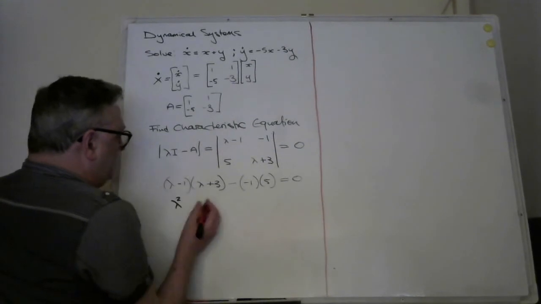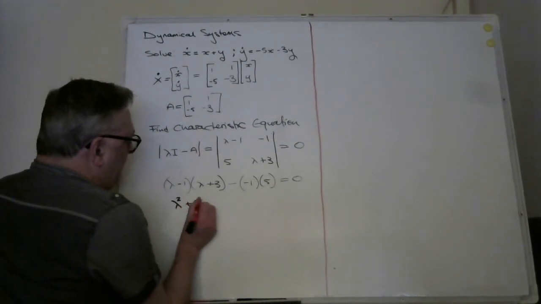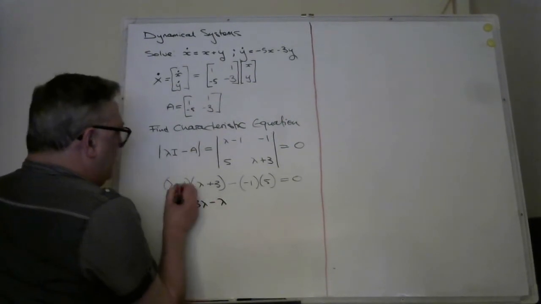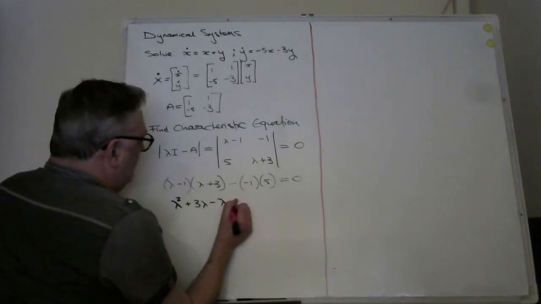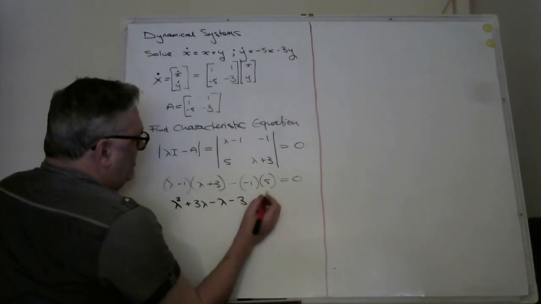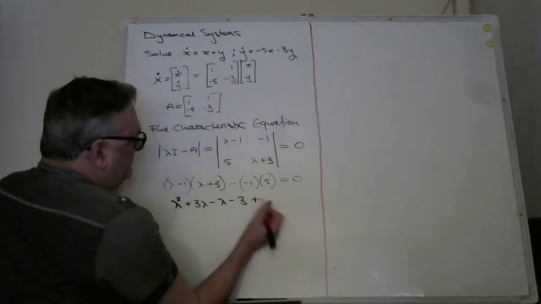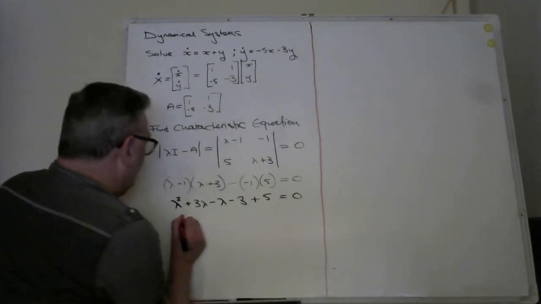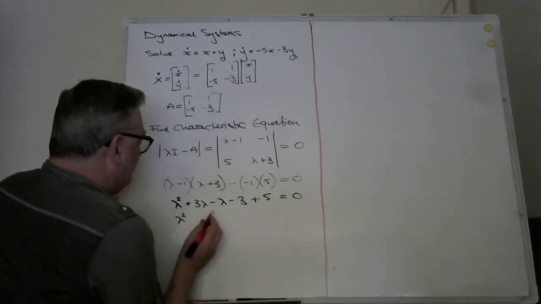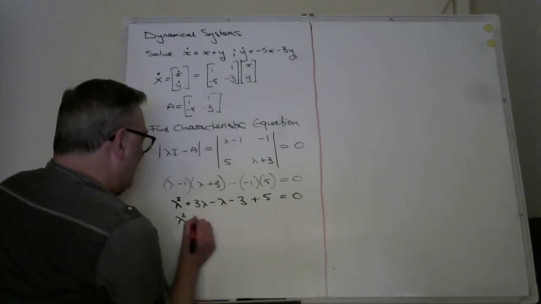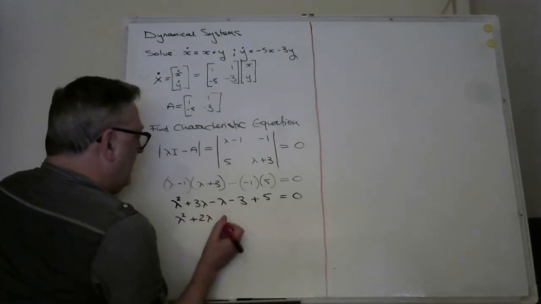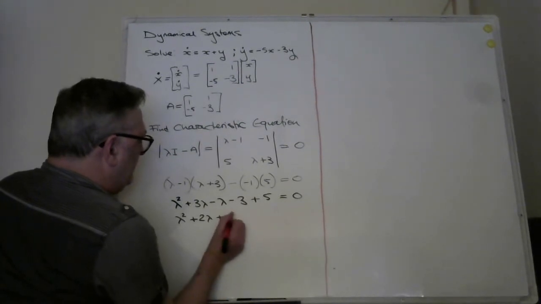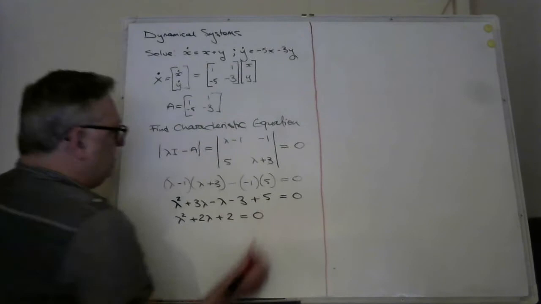A lambda times a 3 is plus 3 lambda. Minus 1 times lambda is minus lambda. And then we've got minus 1 times 3, which is minus 3. And that is plus 5 equal to 0. So this simplifies to give lambda squared plus 2 lambda plus 2, because 5 minus 3 is just plus 2, and that's equal to 0.